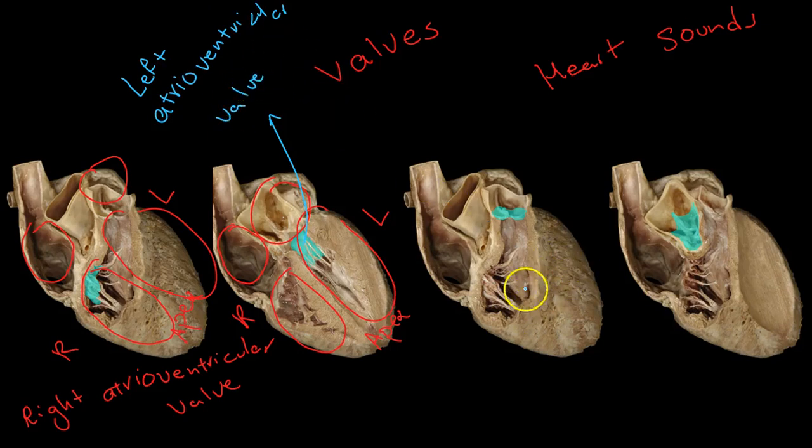Next, look at this one. Again, find the left side, at the apex side, and then find the right side. And then here we have the right ventricle. And look at this blood vessel leaving the right ventricle.